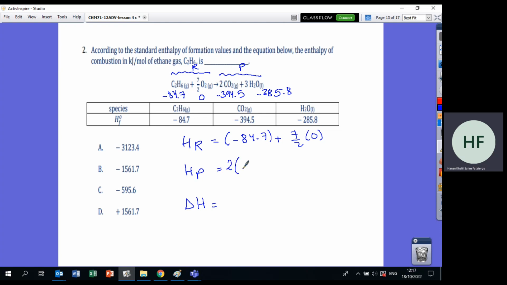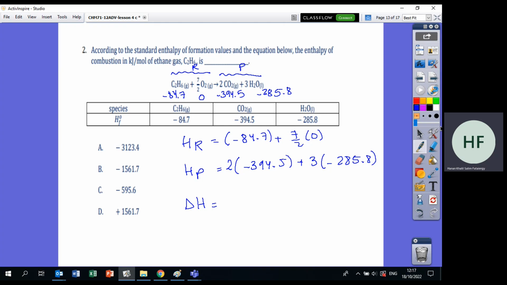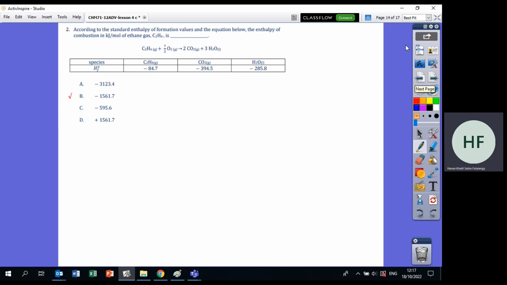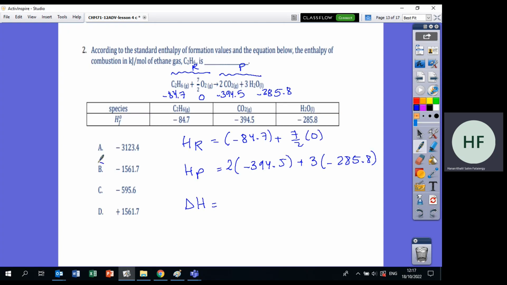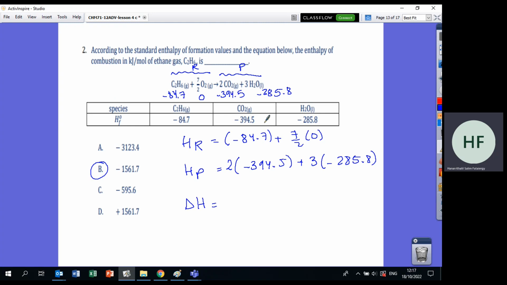Now the products is 2 times minus 394.5 plus 3 times minus 285.8. Okay, and find delta H. I think the answer will be minus 1561.7. Now pause the video and do the question again, solve, and find the correct answer.